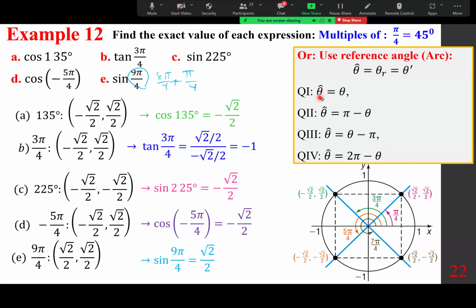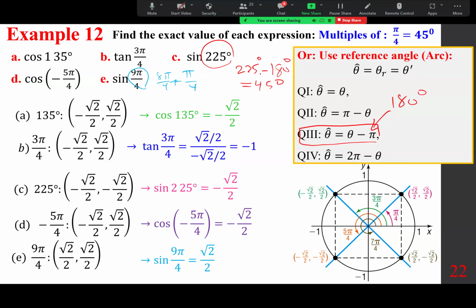So for the sake of argument, 225 degrees is in the third quadrant, just as an example. So theta is 225 minus pi, and by the way, pi is 180 degrees, right? That's 45 degrees.